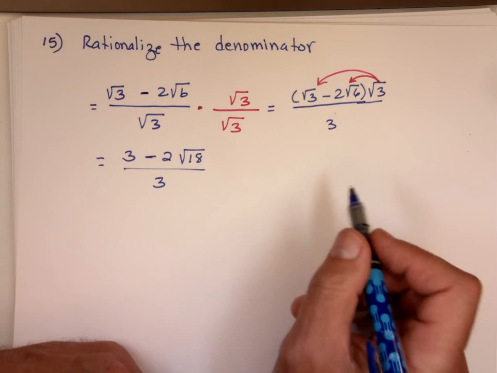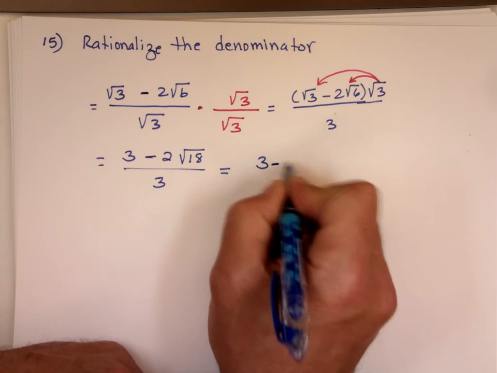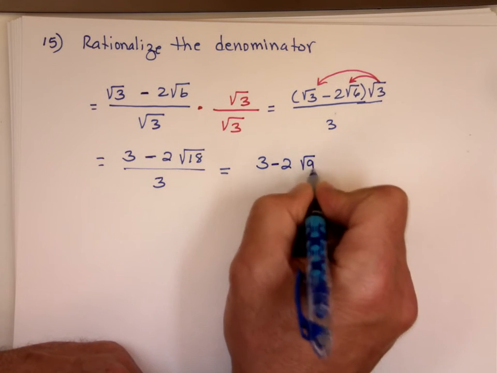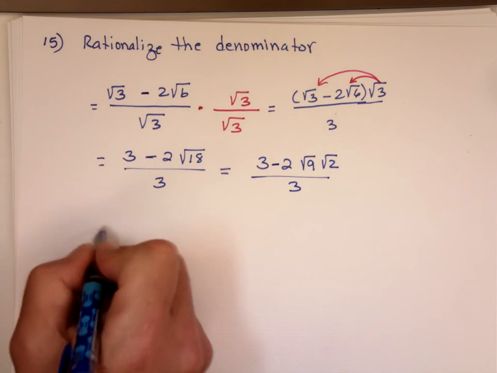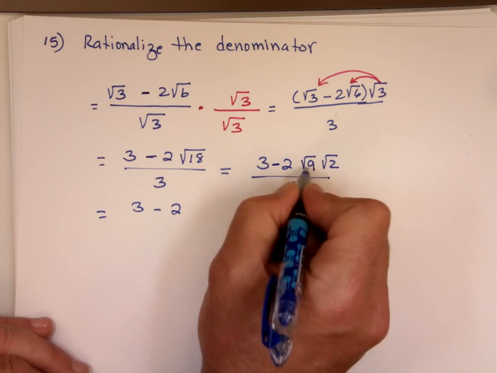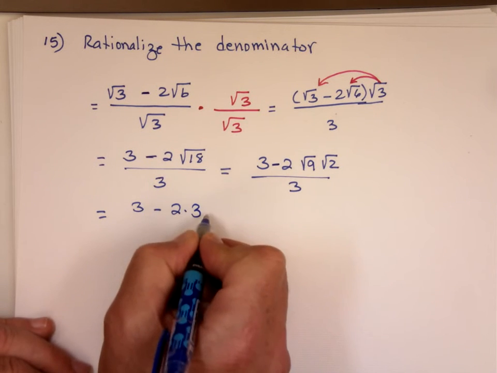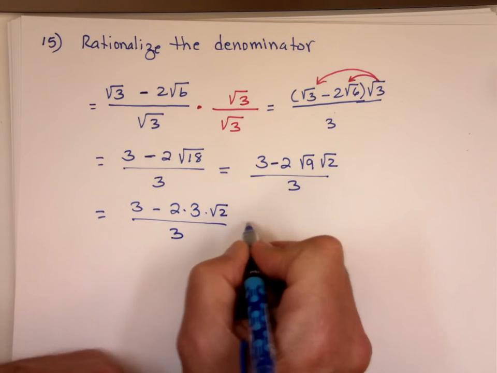The 18 can be broken down to 9 and 2. What is the square root of 9? That's a 3. Now notice on the top you can factor 3 out.